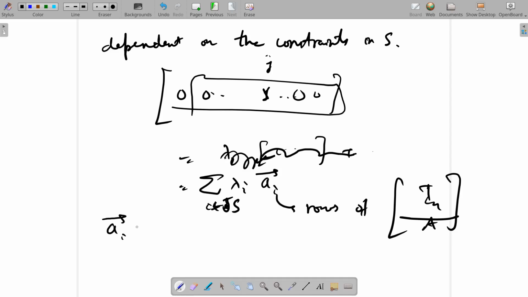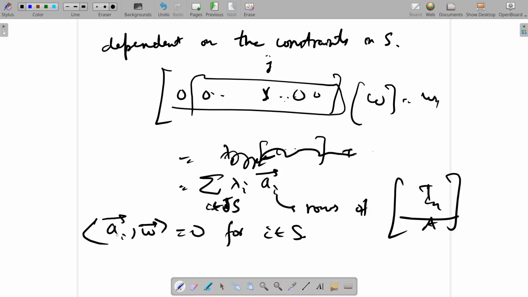So ai dot W is 0 for i in S, right? That's how we defined W, which means if I take a linear combination, since this 0 0 1 0 0 is a linear combination of the ai's, this times W gives Wj.